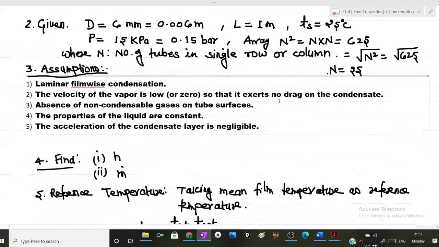Then step number 3 is assumptions. Let us make some assumptions to solve this problem.